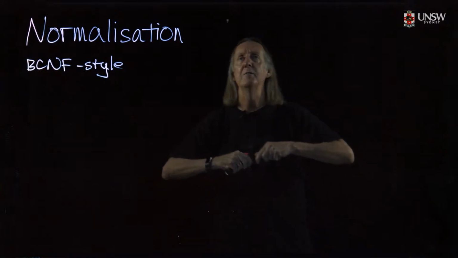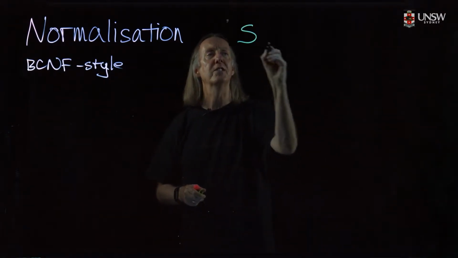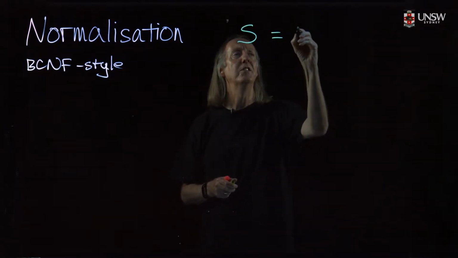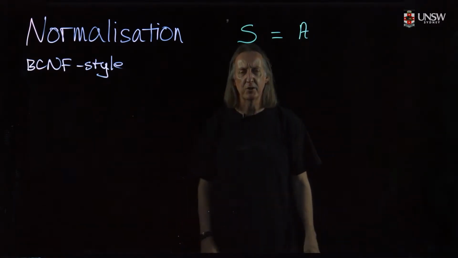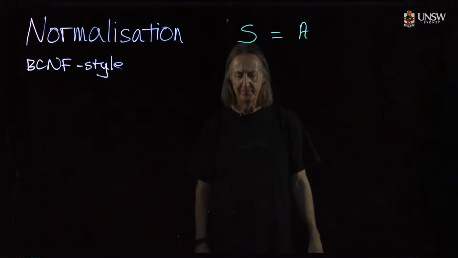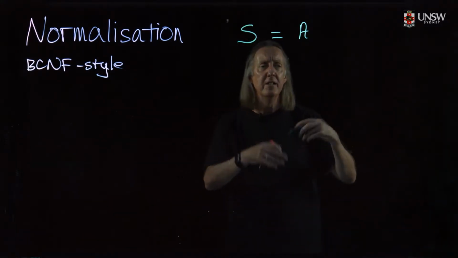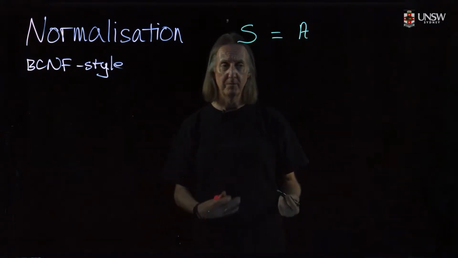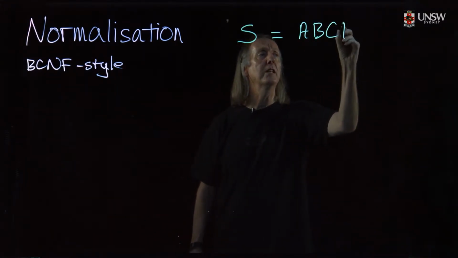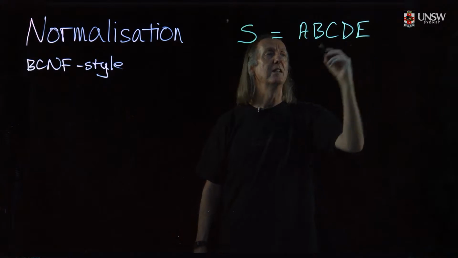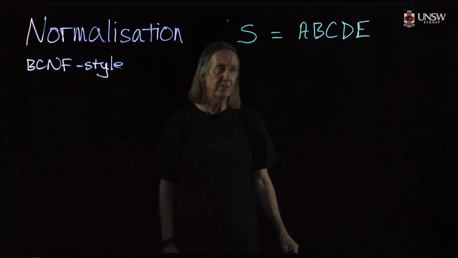So we've got to start with a schema. So let's say we've got a schema S which has a whole bunch of attributes. And here, remember that initially when I was talking about functional dependencies, I said you could come up with an algorithm to derive a schema from a set of attributes. So here, we're just going to start with a set of attributes.